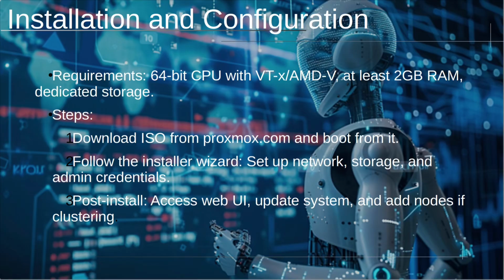But the steps are: you download the ISO from Proxmox.com and you boot from it. That means you have to create a USB stick that is bootable from the Proxmox.com download. You follow the installer wizard, you set up the network, storage, and the admin credentials, and then post-install, you access the web UI and update the system and add nodes if clustering.